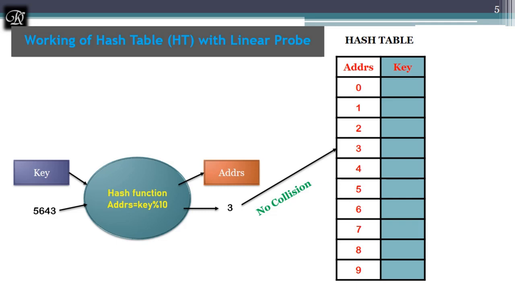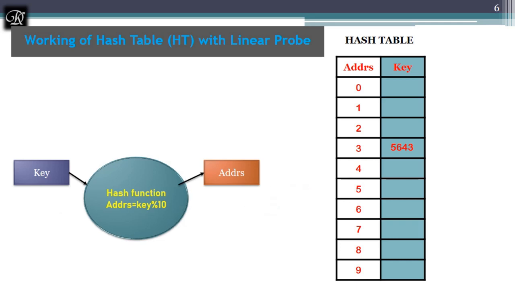Then we are free to enter 5643 at location 3. Similarly, let's try another key. Here the key is 4345, the address will be 5, and there is no collision, so we can enter it.